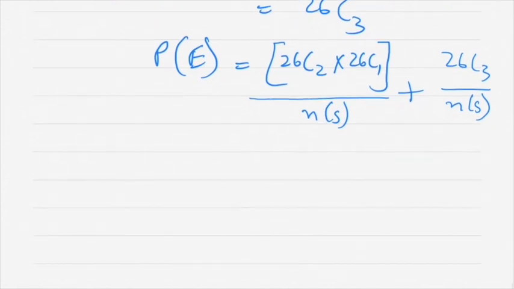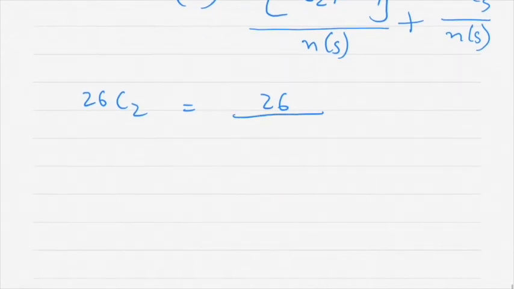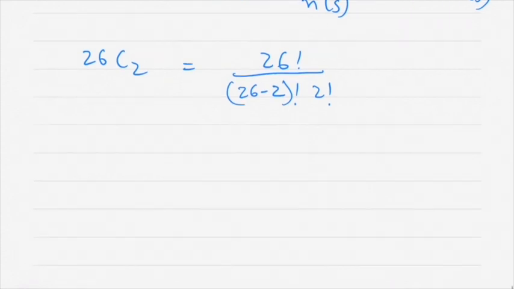Let's calculate 26C2, 26C1 and 26C3. 26C2 is, you have to write the formula of nCr, but I'll just solve it directly. 26 factorial divided by 26 minus 2 factorial times 2 factorial, right?